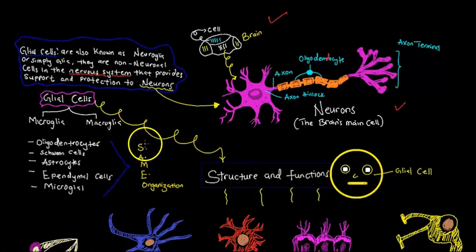And under them, we have the mnemonic, which I call SAME organization. The S simply stands for Schwann cells, and the A simply stands for astrocyte, M is microglia, E is ependymal cells, and the organization simply stands for oligodendrocytes.